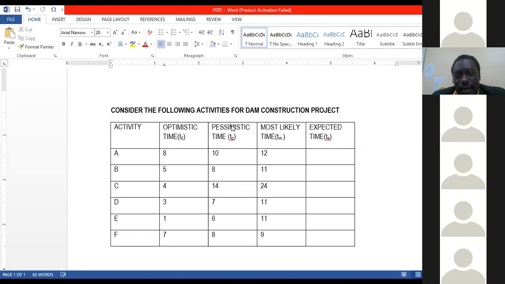Ibrahim, have you written that one down? Yes, sir. Okay. So what is the standard deviation? How can standard deviation be used to predict the project?